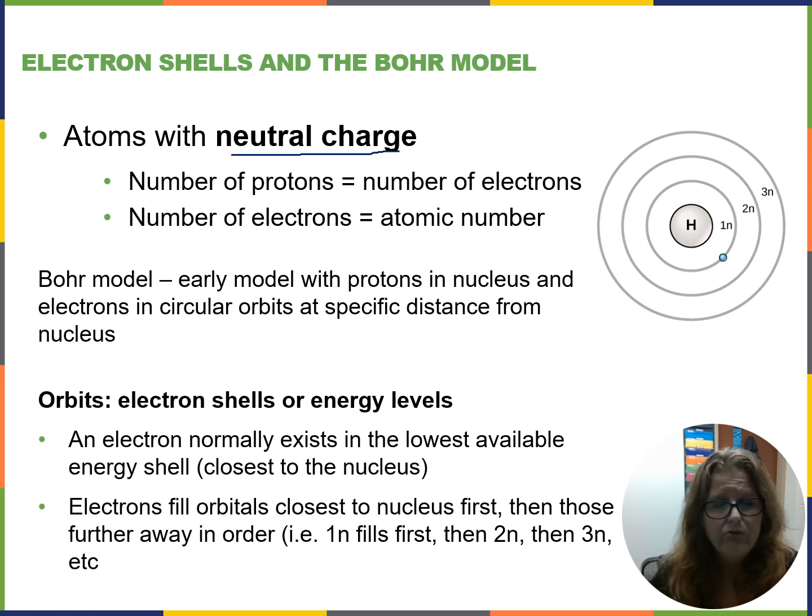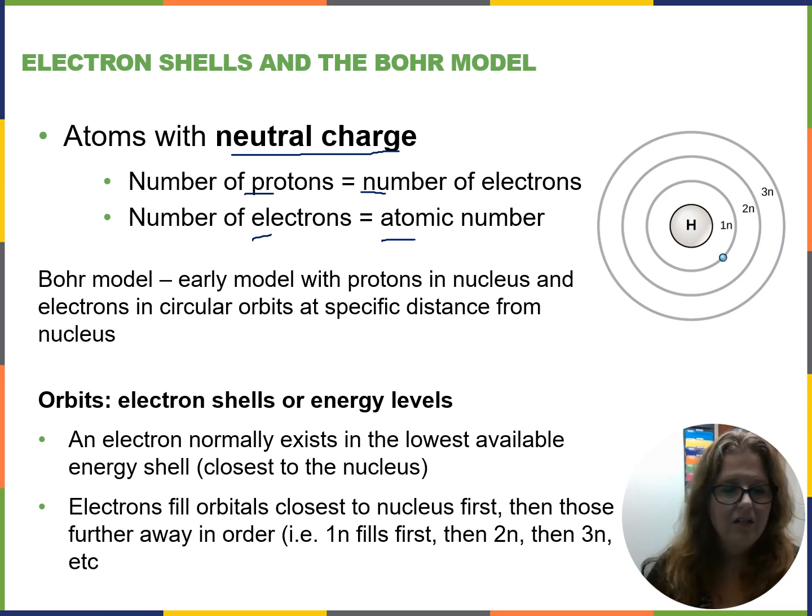When an atom has a neutral charge, the number of protons equals the number of electrons. So therefore, the number of electrons equals the atomic number. Like carbon is 6. It has 6 protons, and it's going to have 6 electrons. Just as an example, that's one I know right off the top of my head.